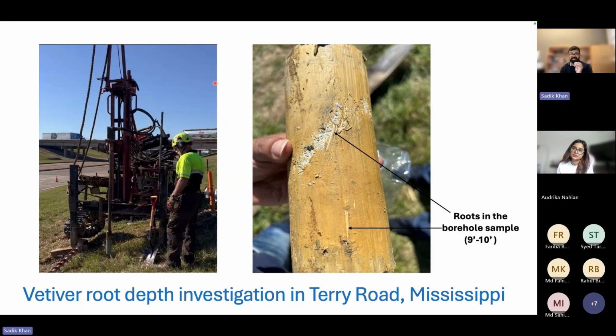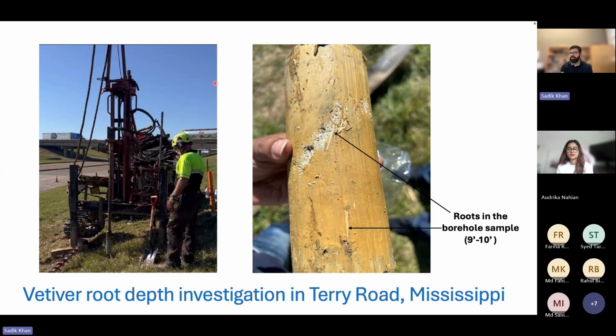Because of this diameter, we can also look into how vetiver works in clay versus sand. Basically, the strength characteristics of vetiver change over the years.